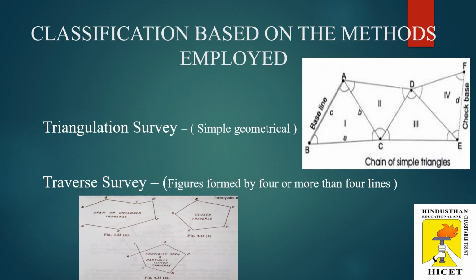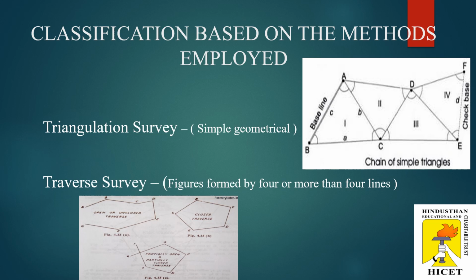And next one is classification based on the methods which we employed to calculate the area or to calculate the surface condition. So those kinds of methods may be available for calculation of area. So in that, first one is triangulation survey. The triangulation survey is the method by which the whole area to be surveyed is divided into a number of simple geometrical figures such as triangles.